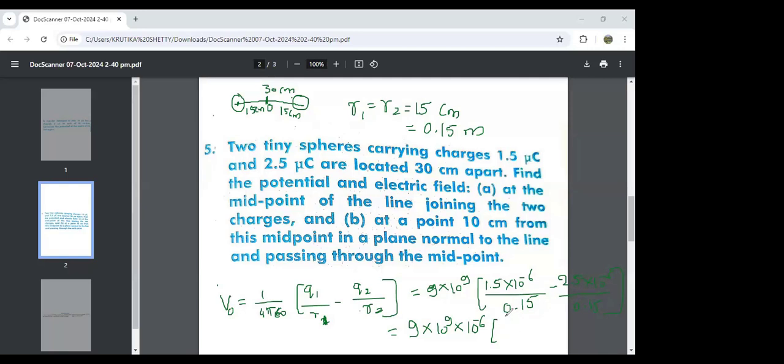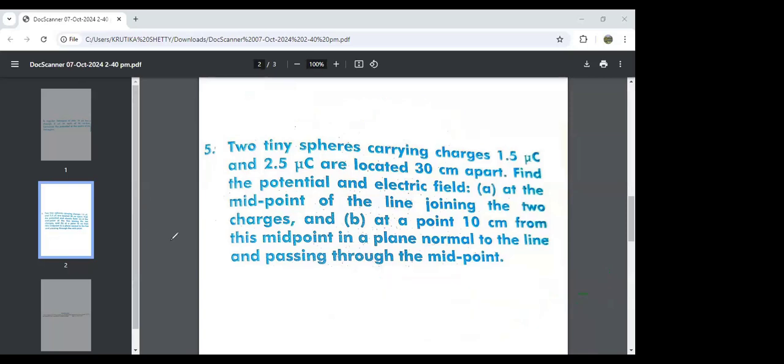See here, this 1.5 can be written as 15 divided by 10 and 0.15 can be written as 15 divided by 100. So V naught is equal to 9 into 10 to the power of 9 into 10 to the power of minus 6.